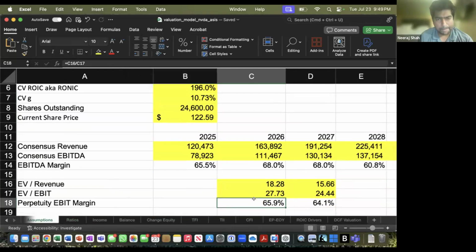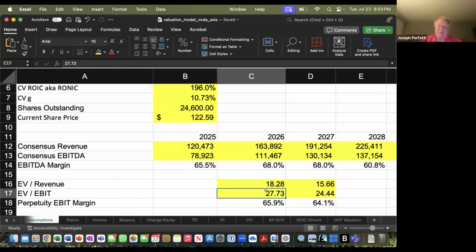That's academic math in the book, which we haven't gotten to yet, just previewing this. So I know that formula has to work. Given these observed multiples today for the forward years, the EBIT margin perpetuity has got to be somewhere in here to value the company on a DCF basis.